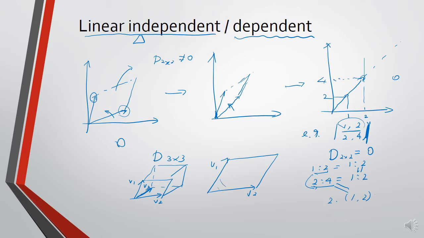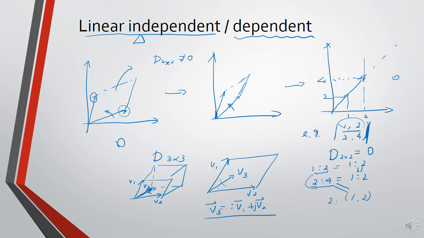However, if v3 is rotated all the way up to lie within the plane made by v1 and v2, then v3 can be expressed by v1 and v2 with certain coefficients.